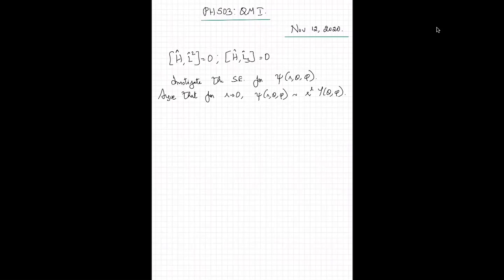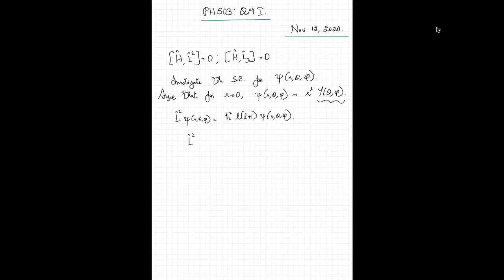We demonstrated that for distances very close to the origin, this Schrodinger equation basically boils down to an eigenvalue equation for L squared, which equals h bar squared L(L plus 1) psi of r, theta, phi, and specifically it is the Y part, the angular part, that is an eigenfunction of the L squared operator.